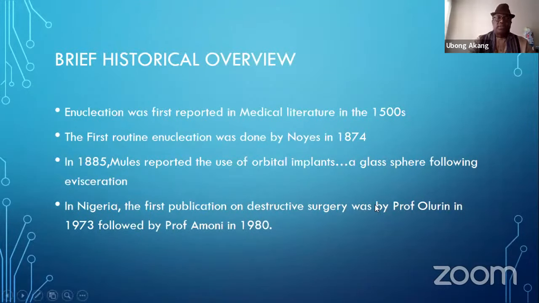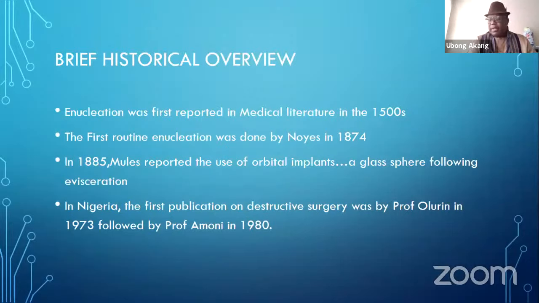A brief historical overview. Enucleation was first reported in medical literature in the 1500s. The first routine enucleation was done by Norris in 1974. And in 1885, Mules reported the use of orbital implants, a glass sphere following evisceration. In Nigeria, the first publication on eye removal surgery was by Professor Olurin in 1973, followed by Professor Momoh in 1980.